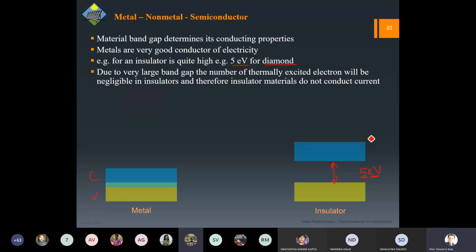But the band gap is very high. So what happens? Light passes through it. Practically, you get 100% light on the other side.